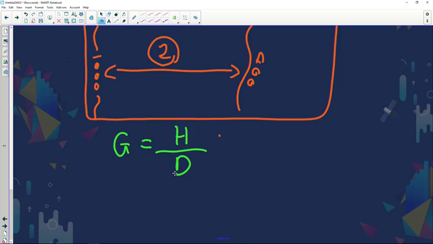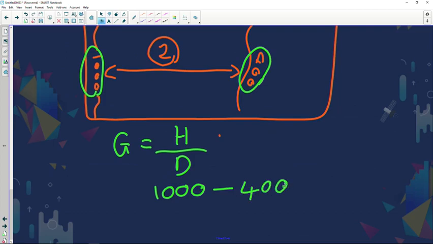Now, to calculate the gradient from the contour line that represents 1,000 meters in altitude to the contour line that represents 400, what do we do? We subtract the lowest from the highest. And then we measure the distance from contour line 1,000 to contour line 400.